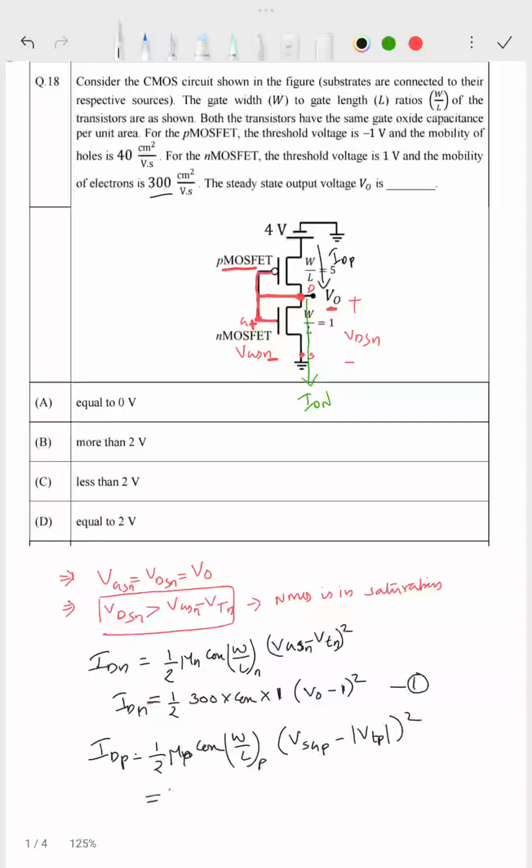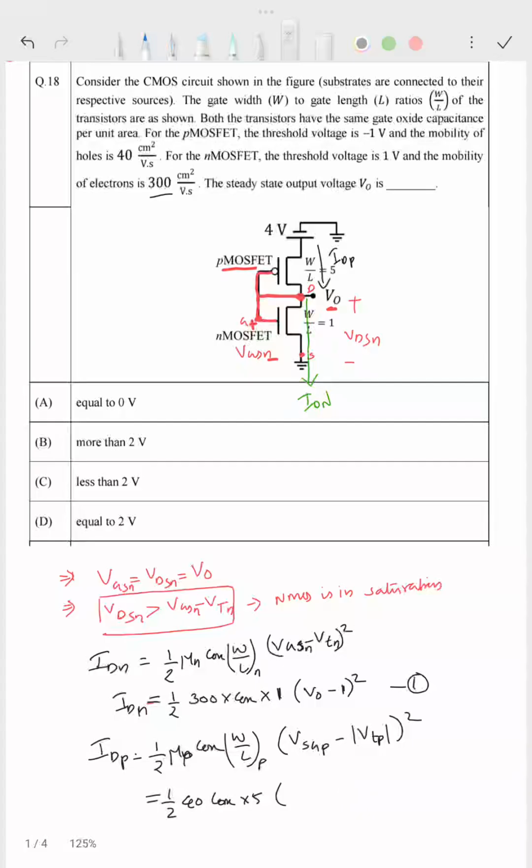Again I will substitute here: 1 by 2, mu p is 40 from the question, into COX. COX of both transistors is the same, as given in the question. And W by L of P is 5. So that into 5 into VSGP minus VT. We'll find what this VSGP value is.